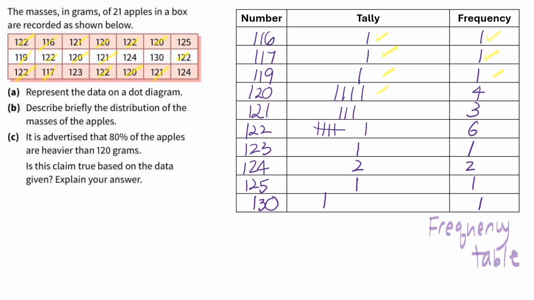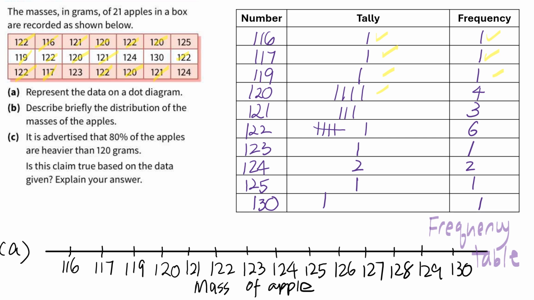And how do you represent it using a dot diagram? This is how you do it. You basically draw a horizontal line. Ta-da! You must arrange the masses in ascending order from the lightest to the heaviest, and you do not skip any of them.